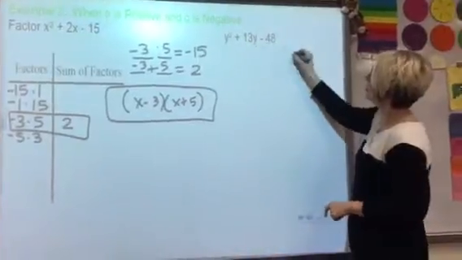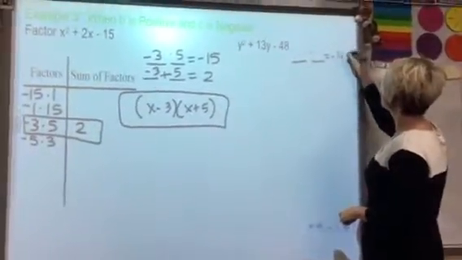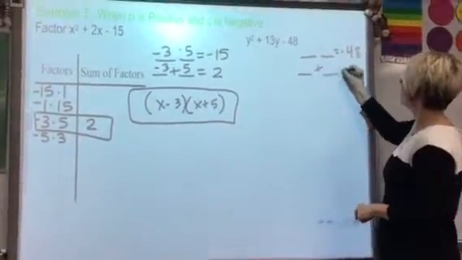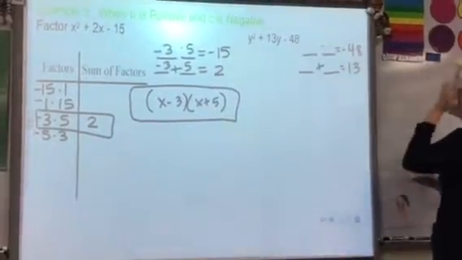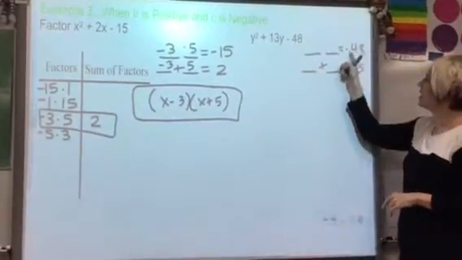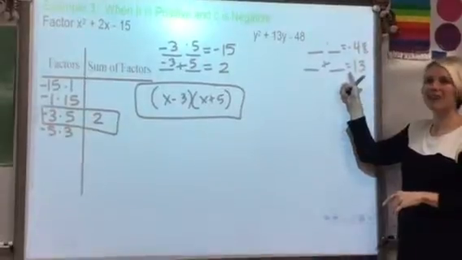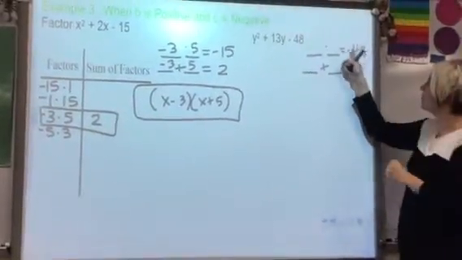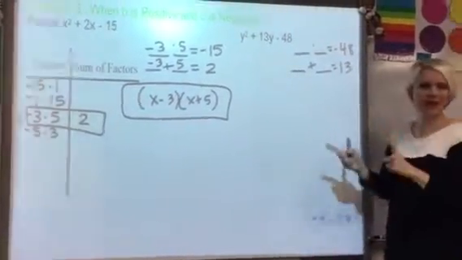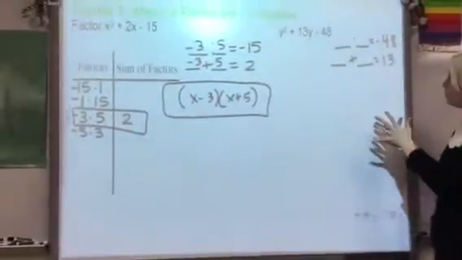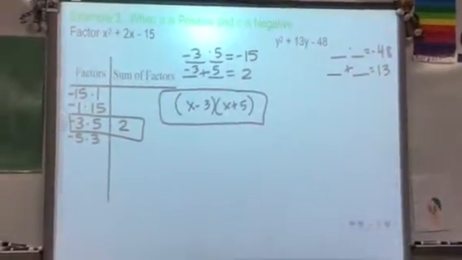How about this example? I'm looking for a product of negative 48 that would give me a sum of a positive 13. When you think of things that would multiply to get 48, think of your factors. Use a little guess and check if you need to.